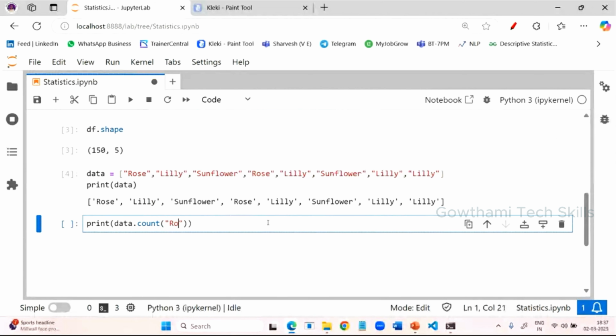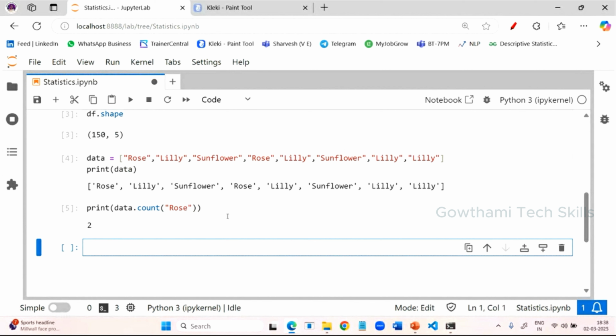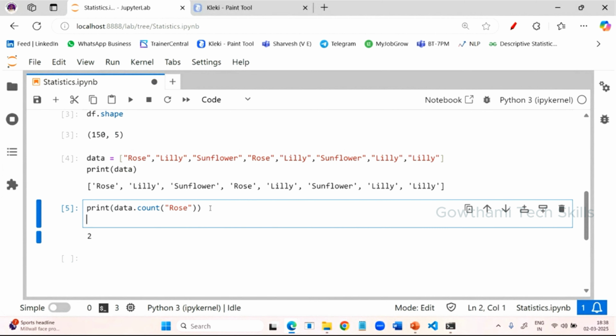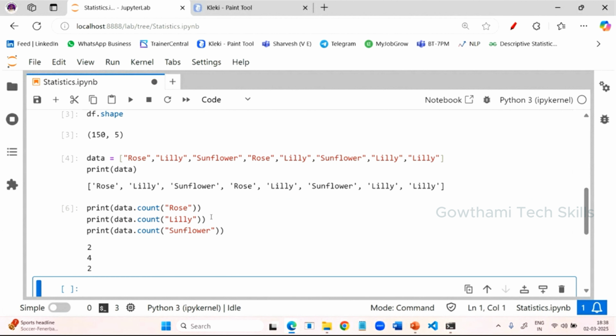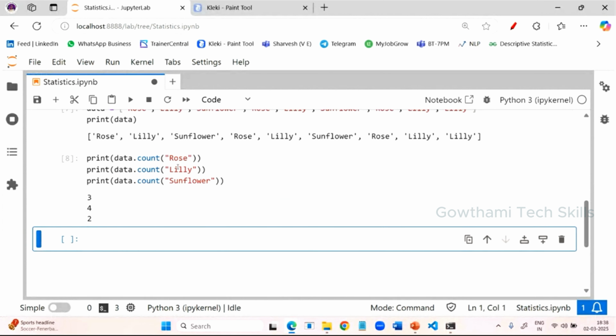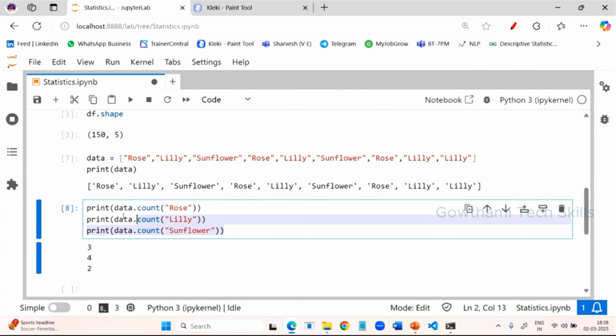How many values are present in the rows? 2. But this is not the correct way, because for every value we have to store it in one variable. If you do like this, you are getting the frequency for each category. You got it, 3, 4, 2. Yes or no?